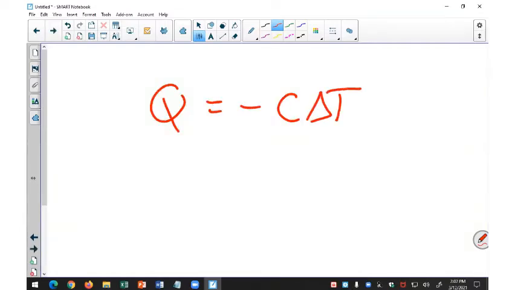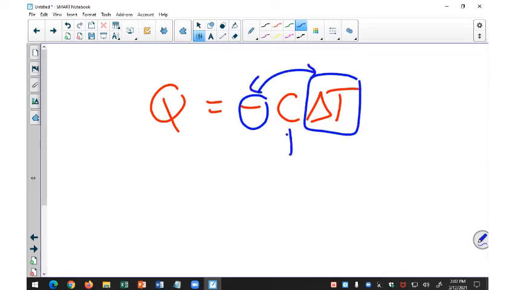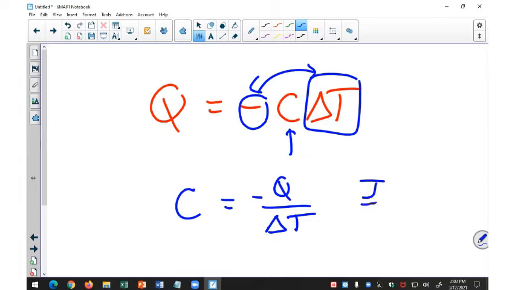What you call the heat of reaction is the amount of heat that has to flow to reverse the temperature change that you observe. So you just multiply the temperature change for the reverse process by the heat capacity of your calorimeter and its contents. So C will just be minus Q over delta T. So it's joules per Kelvin.